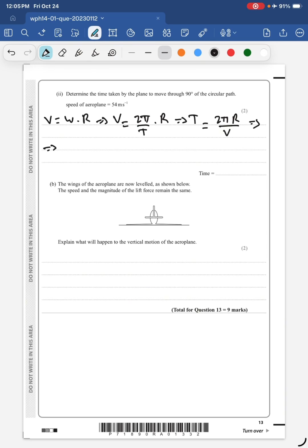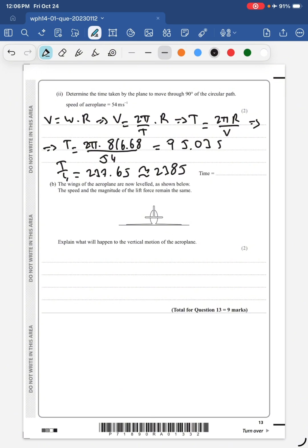So the period is 2 pi times 816.68 over 54, which is the velocity. So the period for one revolution is 95.03 seconds. So for a quarter of a revolution, T over 4 is going to be 237.6 seconds, which is about 238 seconds. Or it's close to 240 seconds, which is 4 minutes, right?